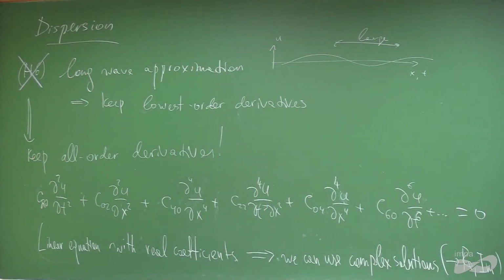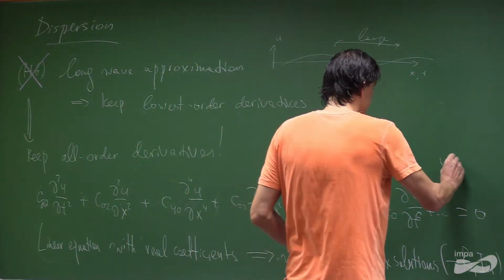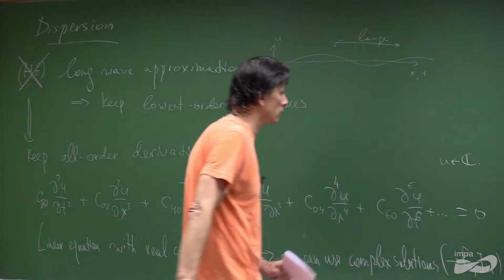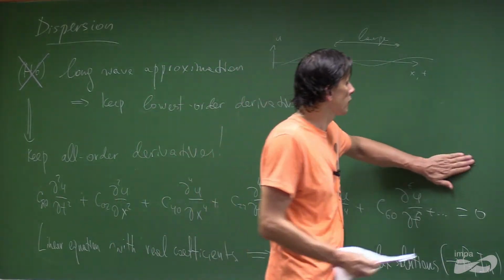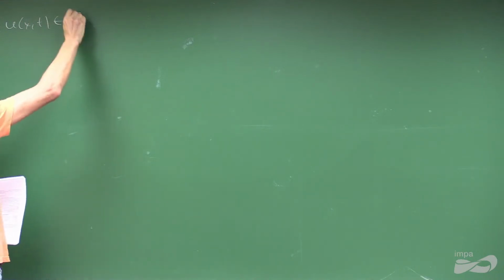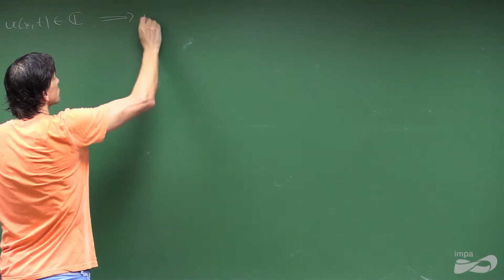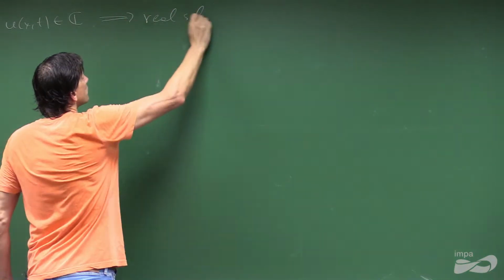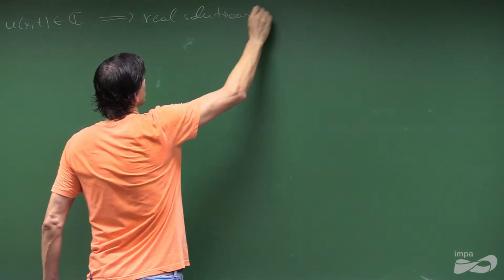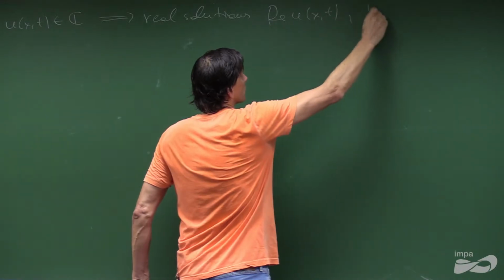So whenever we have a complex valued solution u(x,t), we immediately have real solutions, which are just the real part of u(x,t) and the imaginary part of u(x,t).